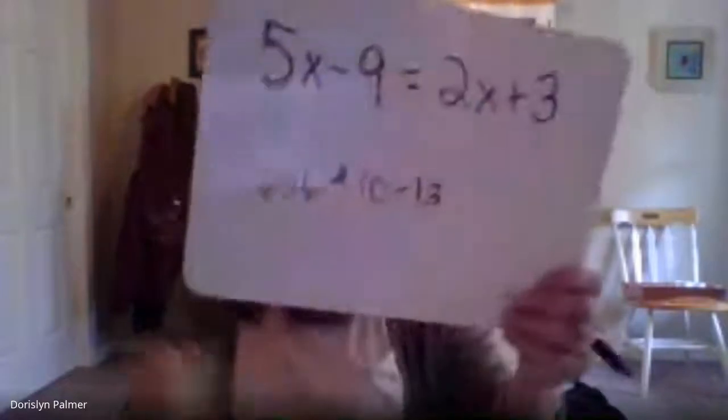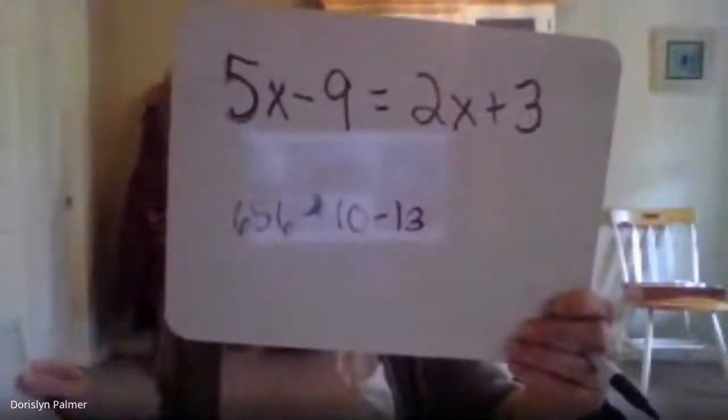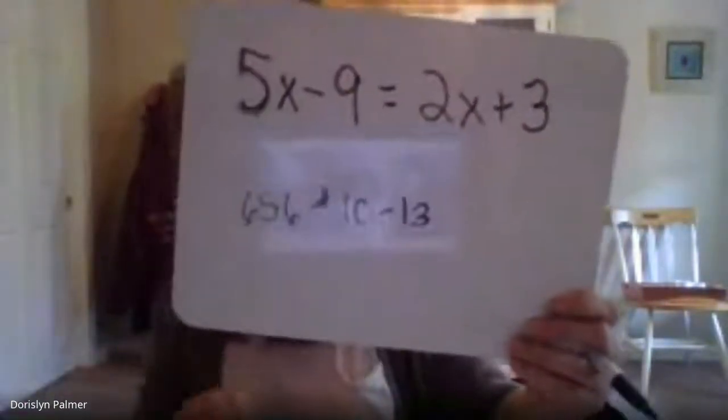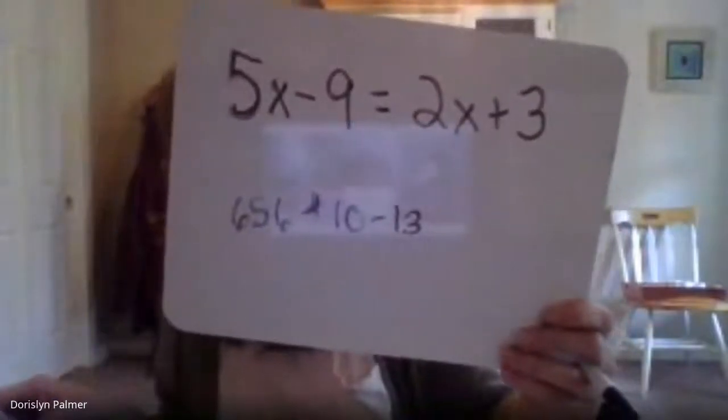So I'm going to give you, on page 656, that's on the same page you did your homework last night, numbers 10 to 13. Those are the ones where you're using the formula that we did today.